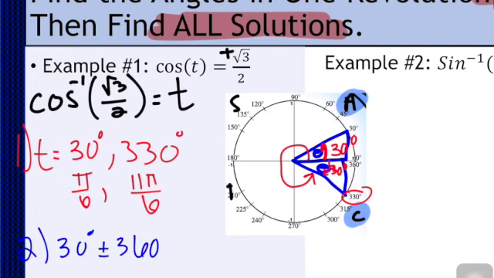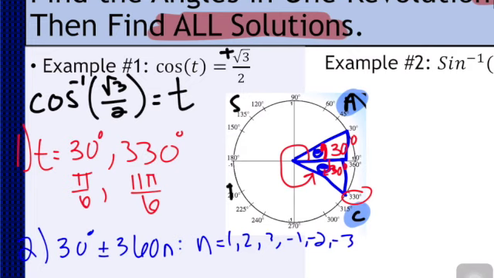However many times I go around the unit circle is how many times I'm going to get a value, so I'm going to multiply 360 by n, where n is how many times I've gone around the unit circle. n can be positive numbers, 1, 2, 3. It can also be negative numbers, negative 1, negative 2, negative 3, because I can go backwards the other way.